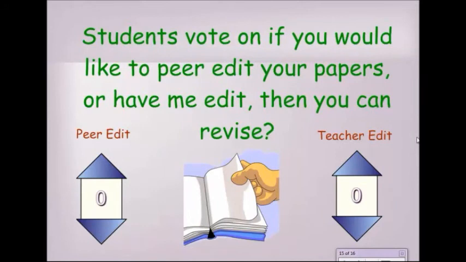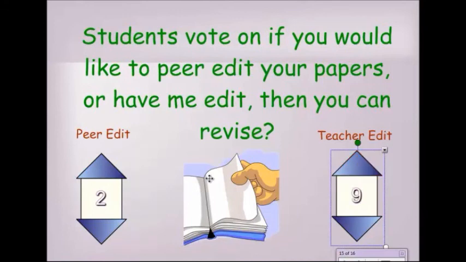And this is important. When it comes to story writing, editing is very important. So this is something I really like. The students can vote on either peer editing themselves or having me edit. And this is something interactive because you can have students come to the board to do this. All these activities you can have students come to the board. And this one you can have a person, you know, if 2 people want to peer edit and 7, 9 people want the teacher to edit.